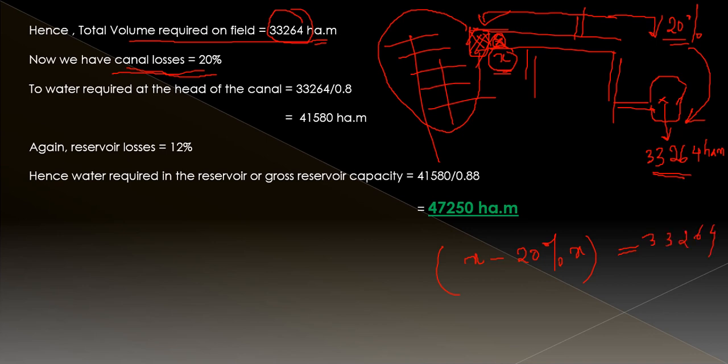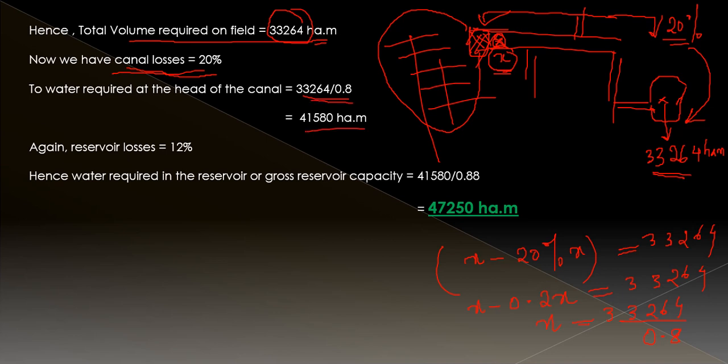That means x minus 0.2x equal to 33264. That means x is equal to 33,264 by 0.8. That is what we have done here.